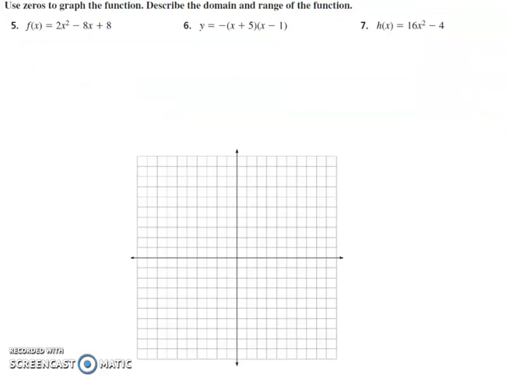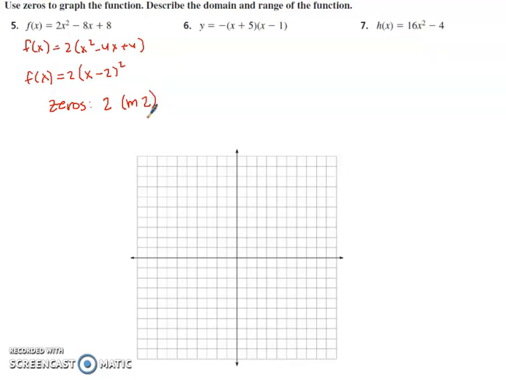We'll go ahead and use zeros in number 5, 6, and 7 to graph our function, and then find domain and range. So that means I need to factor. Factoring, I've got 2x squared minus 4x plus 4, which gives me 2 times x minus 2 all squared. So my zeros are 2 and then 2, so 2 with a multiplicity of 2.